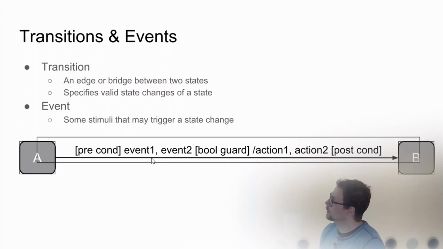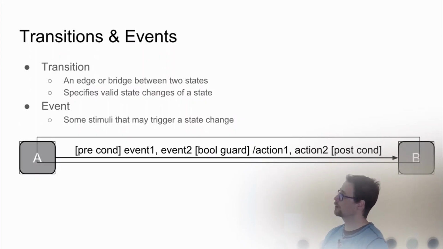The next part when we have the state is to define transitions between these states. That is some kind of edge or bridge between two states. And that means that we can go from one state to another using a transition. If there is no transition, then there is no way for the machine to move from a state to the other state.